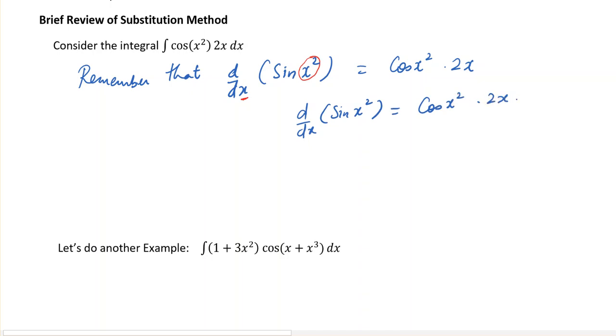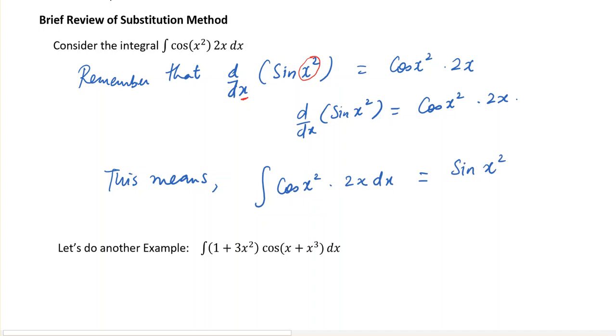Since we know that integration and derivative are inverse processes of each other, this means the integral of cosine x squared 2x dx would be equal to sine x squared.